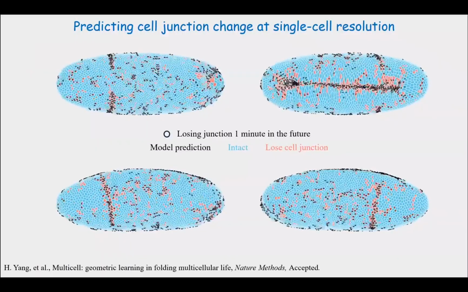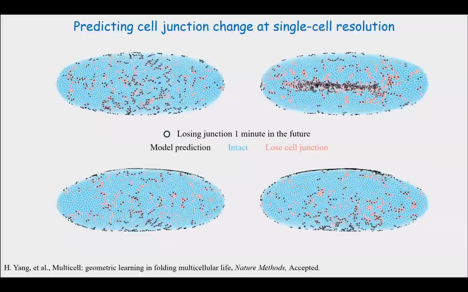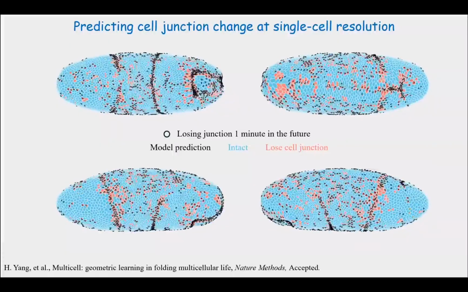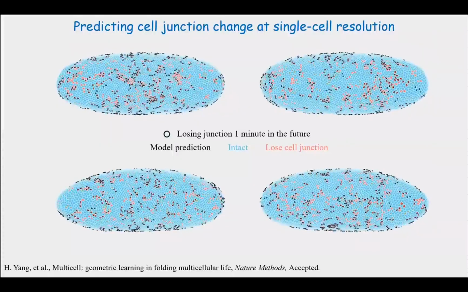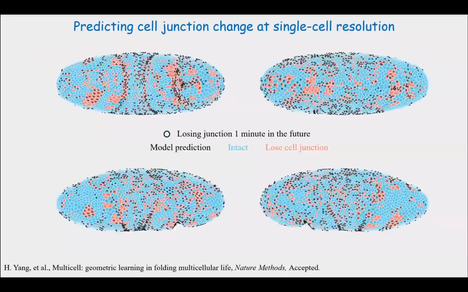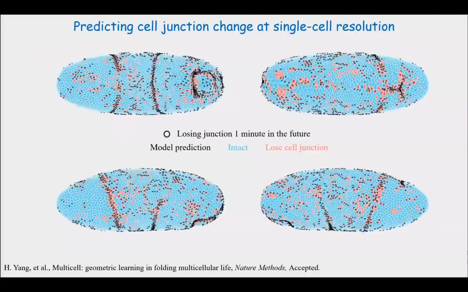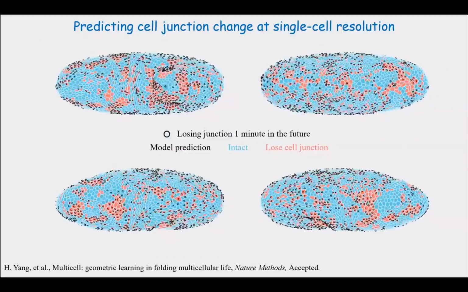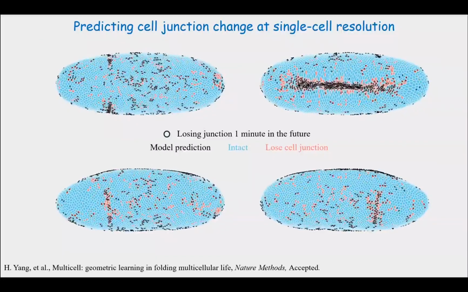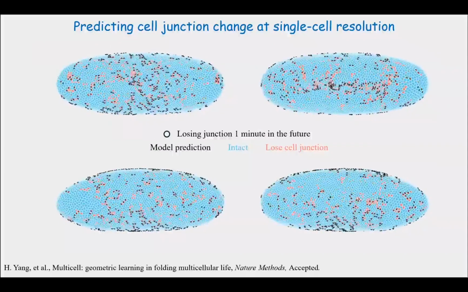The blue color basically suggests the cells that we believe are intact. They don't lose their junction 1 minute in the future. And the pink color labels the cells that the model predicted will lose the junction between them in 1 minute in the future. If you look at the video, you can see the black dots and the pink cells actually overlap fairly well.